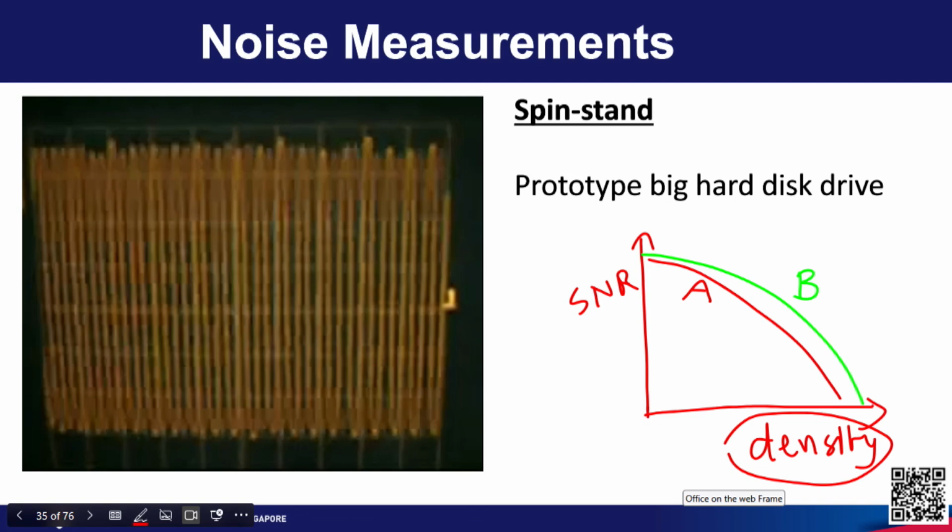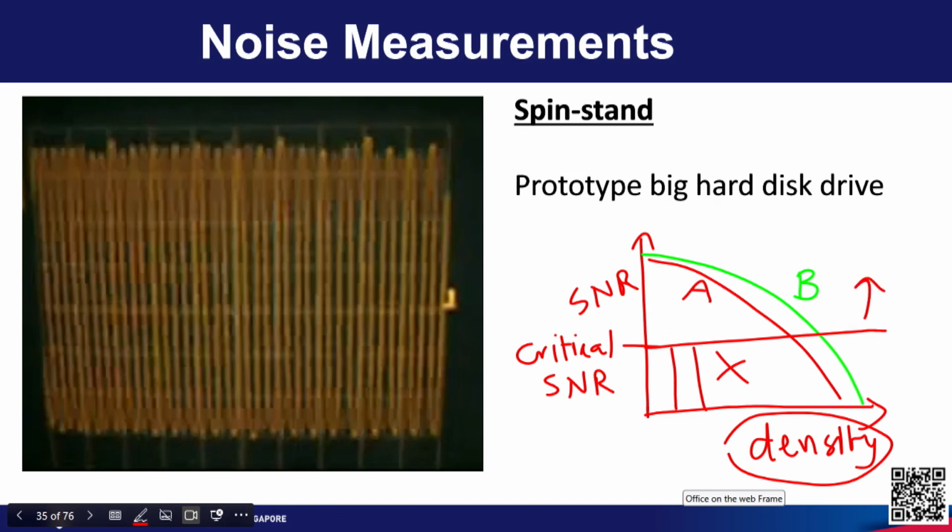So, as I mentioned before, we need some critical SNR. Some critical SNR is required for reliable reading of information. If the signal to noise ratio is below this one, it is useless, we cannot read information.